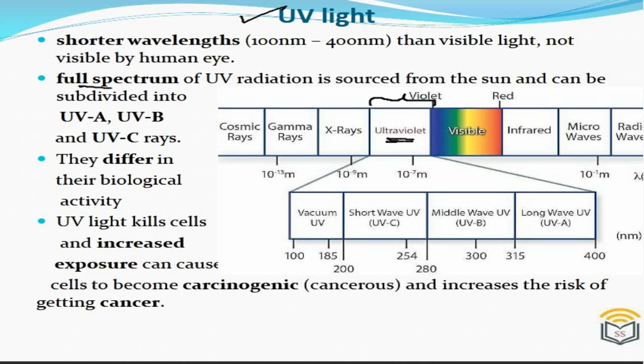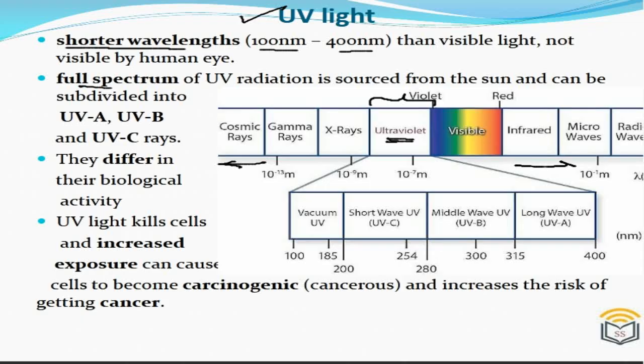The ultraviolet spectrum is from 100 nanometers to 400 nanometers, so this is a shorter wavelength. As we go towards this side, the wavelength is getting shorter. That means X-rays, gamma rays, cosmic rays are also very short wavelength.